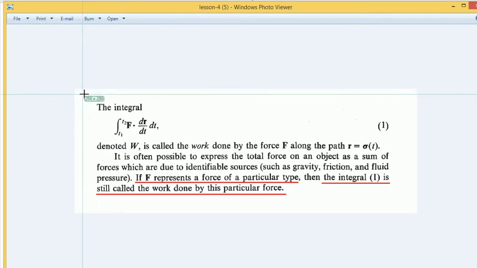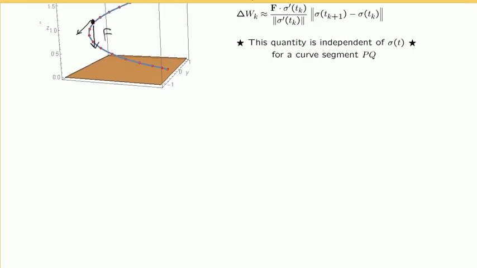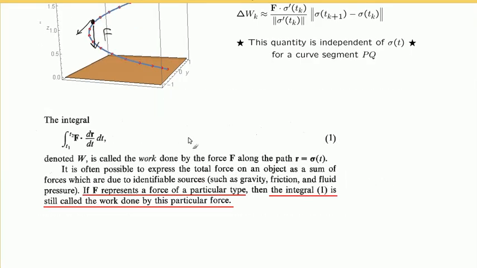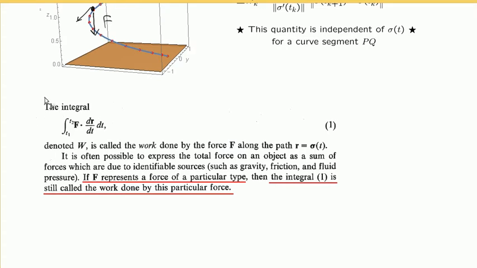All right. This is from the book, and it explains what we just did also, but let me first explain this notation in here. The integral, the force vector dot product of, they didn't use sigma prime t, but they used dr dt, right? So that's a subtlety in there that I'd like to explain.